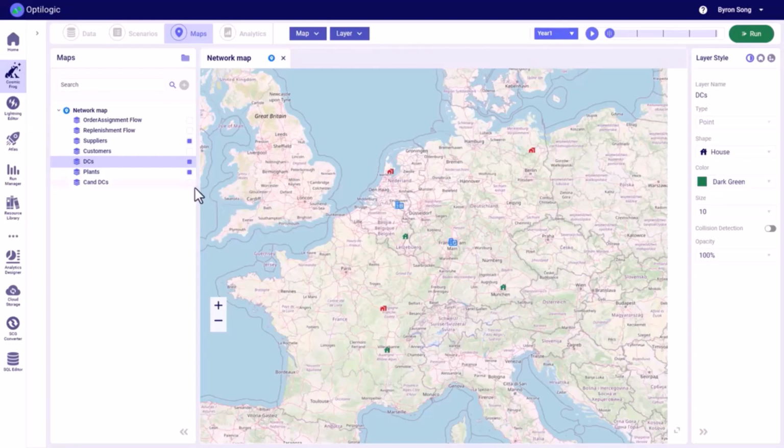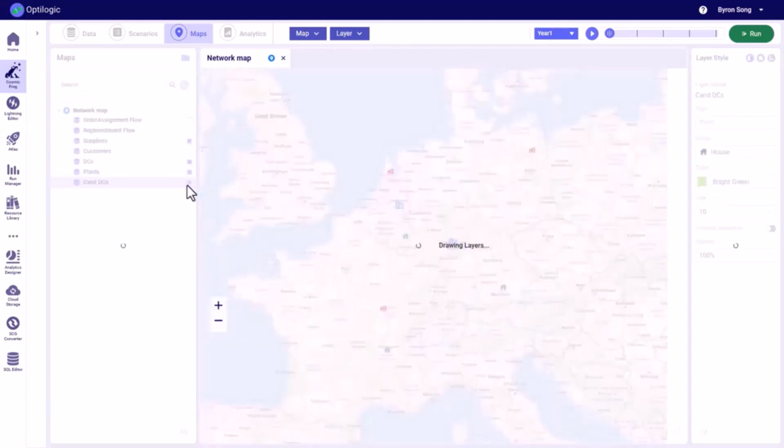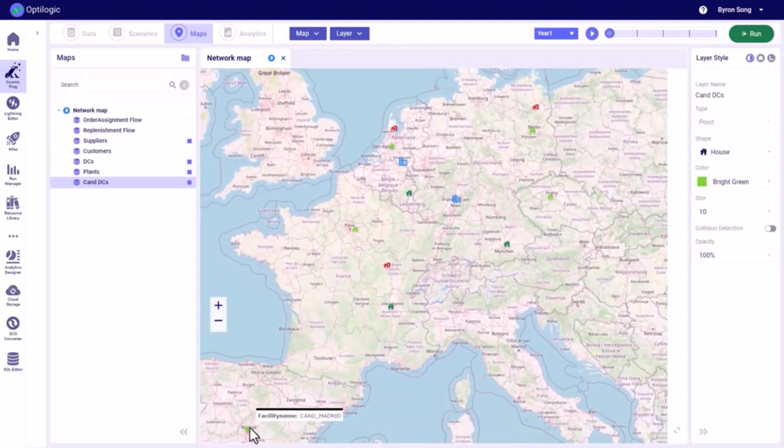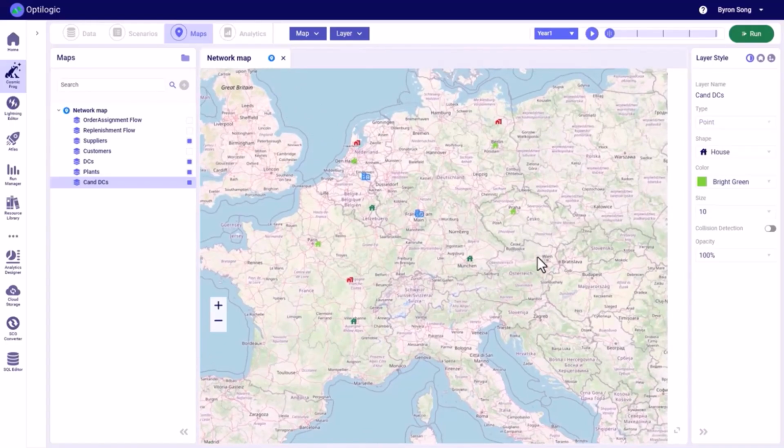Before this study, we have already identified a list of candidate locations. So you can see them here in Madrid, Paris, here in Berlin, in Prague.